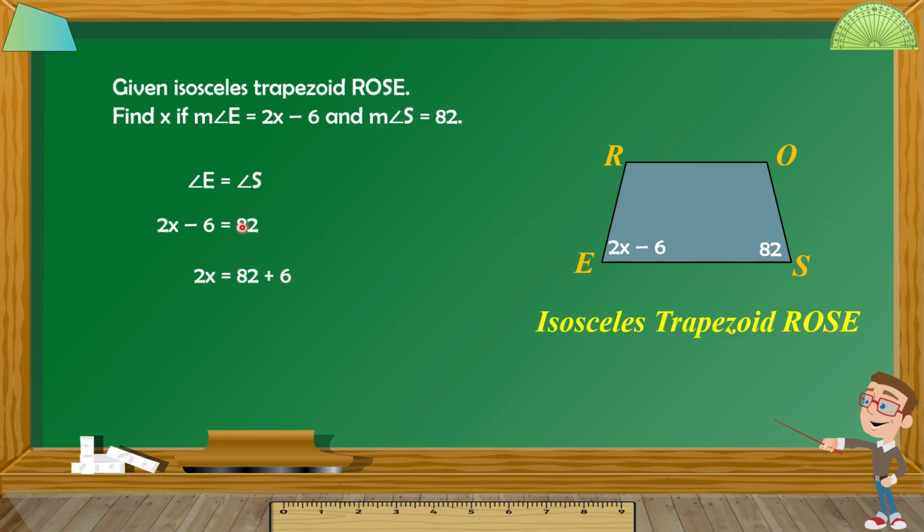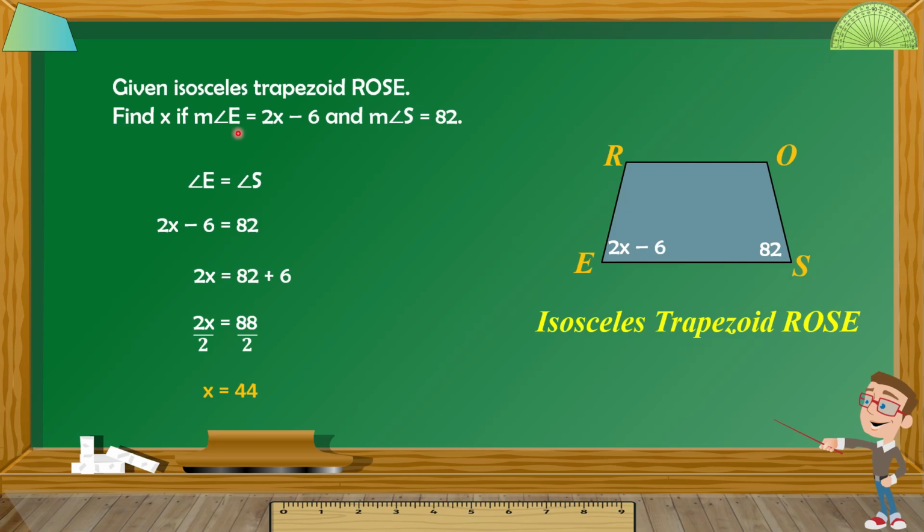And then, simplify lang natin. Transpose ko sa negative 6 sa right side, magiging siyang positive 6. And then, 82 plus 6, that is 88. And we will divide both sides of the equation by 2 para ma-isolate si x sa left side ng equation. So, makakancel na ito. And 88 divided by 2, that is 44. So, x equals 44. So, ito na yung answer natin na pinapahanap dito.